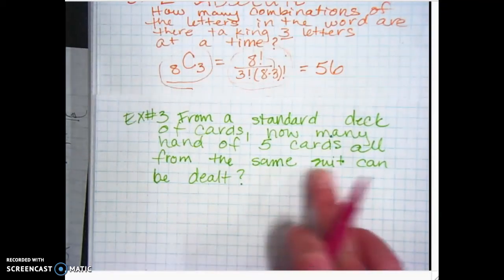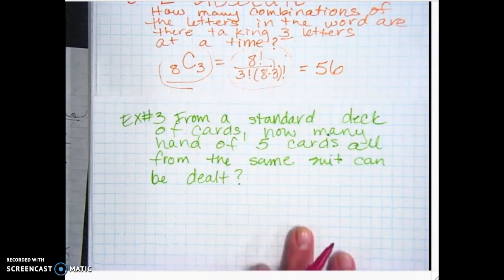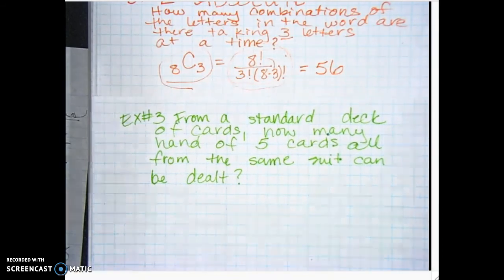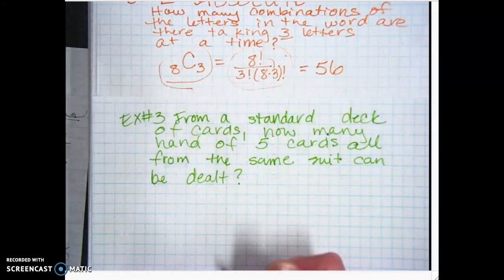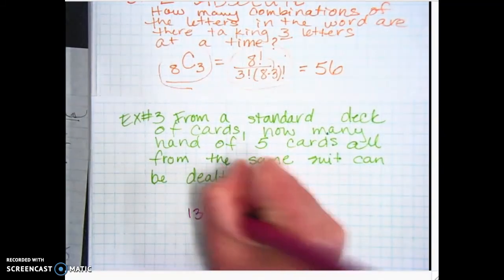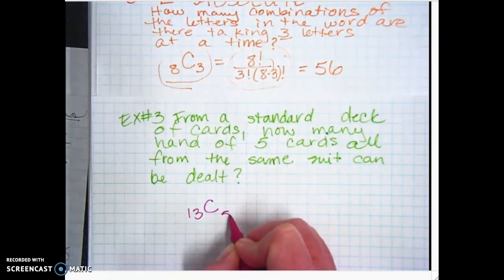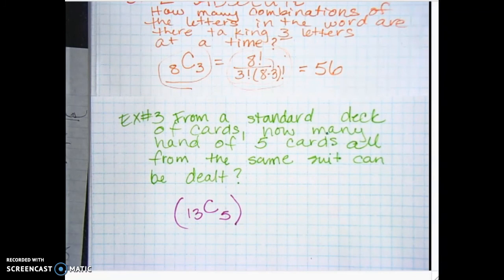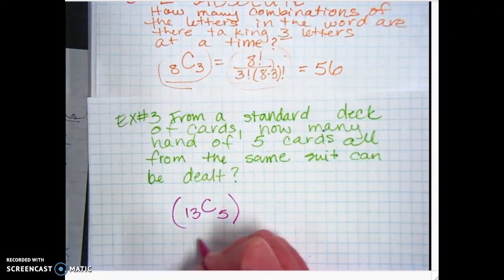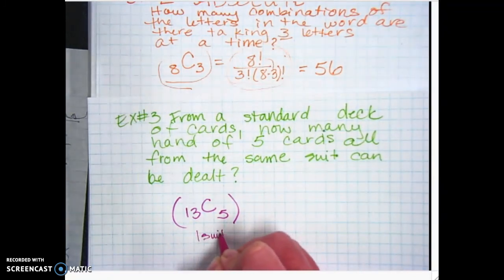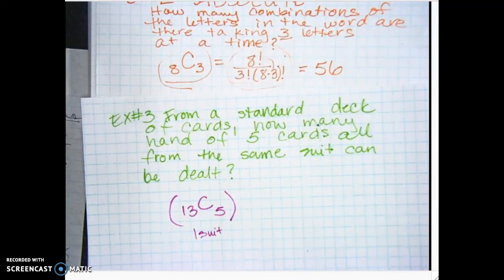If you just have one suit, how do you know how many cards are in one suit? 13, right? So you're going to have 13, and you only want 5 of them. So this is for one suit. And if you did this 4 times, you would have the full deck of cards.